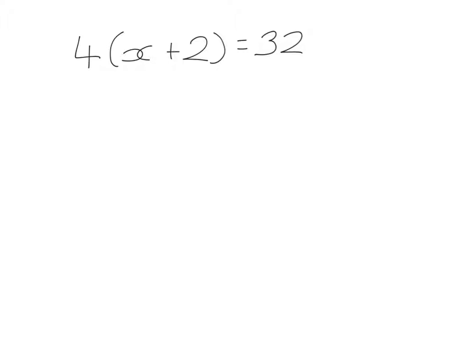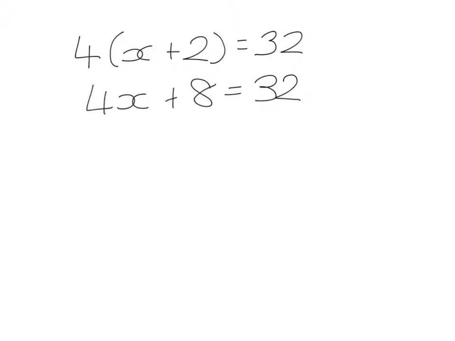Okay, now I said that I would get to brackets, that they're a little bit different. With brackets, what I would recommend that you do is just multiply them out before you start thinking about solving your equation. So 4 upon x plus 2 becomes 4x plus 8 equals 32. So the 4 has multiplied the x, the 4 has multiplied the 2.